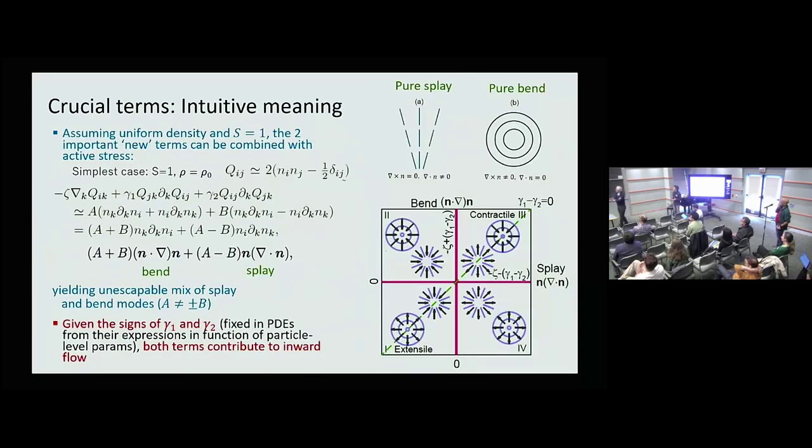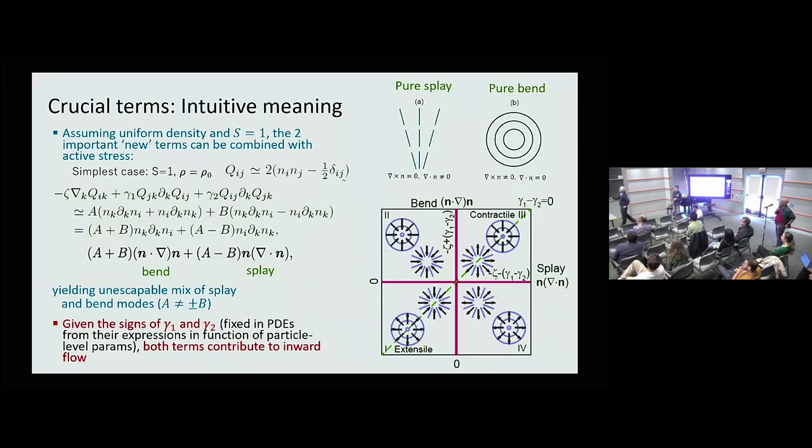But these two terms are almost similar. No, so finally, in terms of director, do they both contribute to the difference between those two, or which?